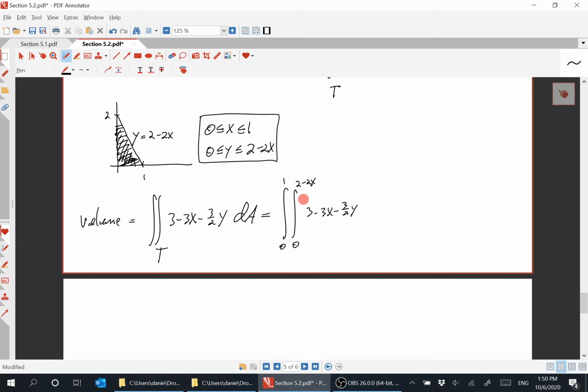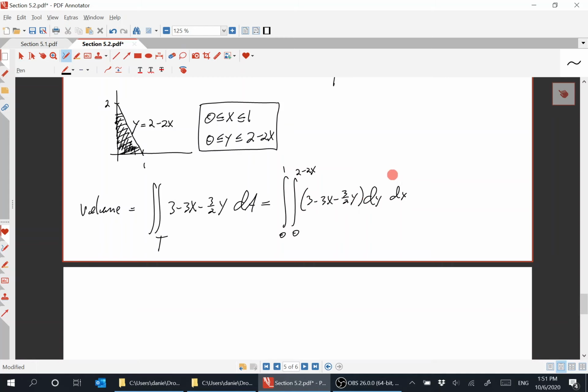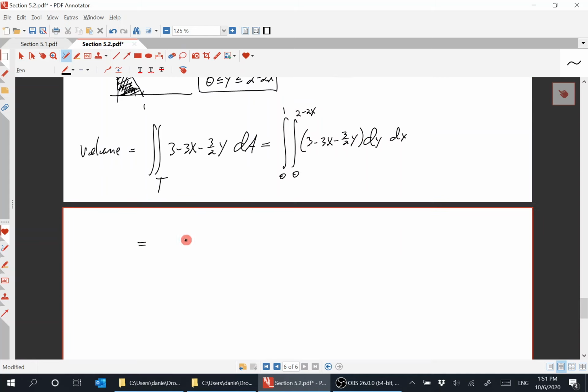You're using boundaries in terms of x, so we want to hold x as a constant, so we do y first. So dy dx. It's the reverse order of this. All right, so the antiderivative with regard to y. 3 minus 3x has no y's in it, so that's all just a constant: 3 minus 3x times y, minus 3/4 y squared, from y equals 0 to y equals 2 minus 2x, dx.